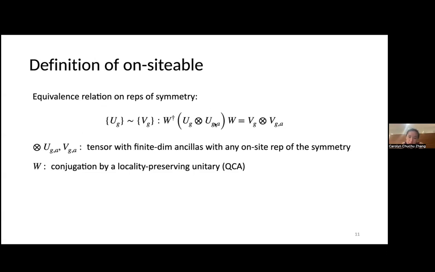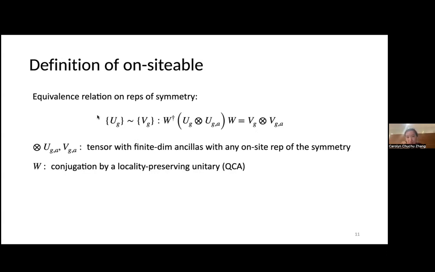So these U_g^A are ancillas with an on-site representation of the symmetry. So they're trivial ancillas. You can think of them as in a product state, and they carry a trivial representation of the symmetry. This W is a locality preserving unitary. And when a locality preserving unitary has strict locality, so it takes strictly local operators to other strictly local operators, we call it a QCA, a quantum cellular automaton.